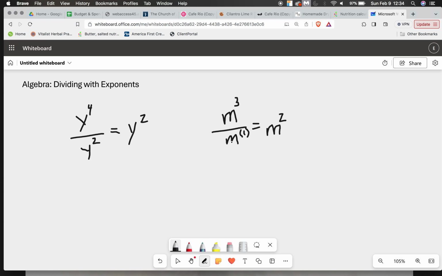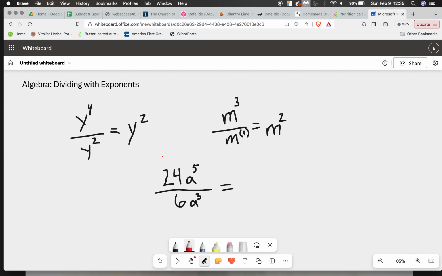Alright, so when we're actually dealing with problems in algebra, we'll usually see a problem that looks a little bit more like this. We're going to have some actual numbers along with some variables, in this case a to the 5th, and we're going to divide that by 6a cubed, or to the 3rd. Alright, so what's the answer to this one going to be? Well, we're going to kind of do this in two parts.